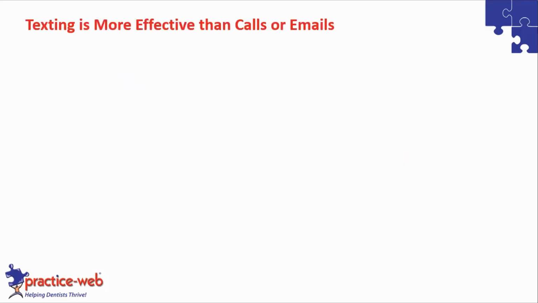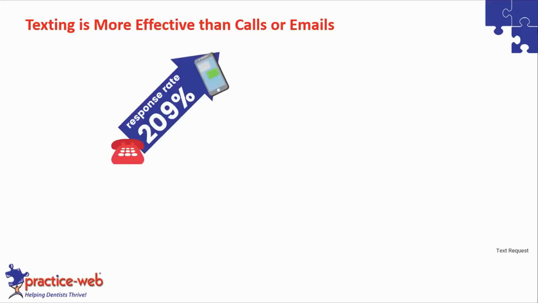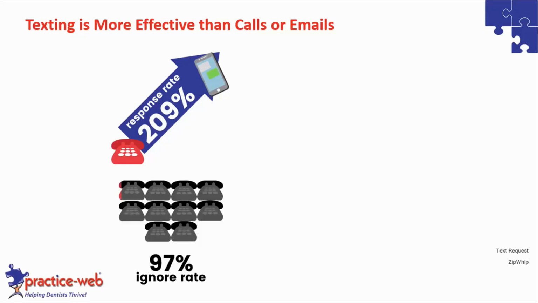And then the last thing I want to point out here is texting. Texting is actually more effective than calls or emails for short messages, and really great for marketing. Why is that? What have studies found? Studies have found that you have a much higher response rate with texting versus calls, and we kind of talked about that earlier.